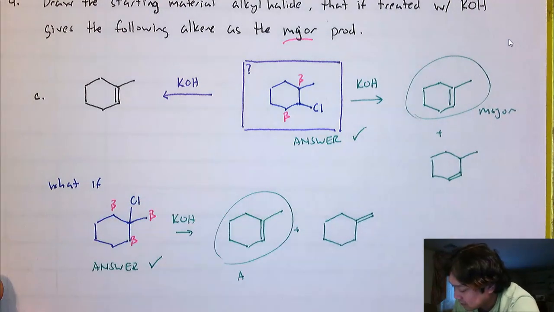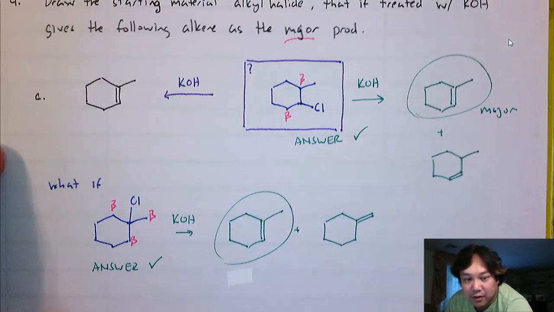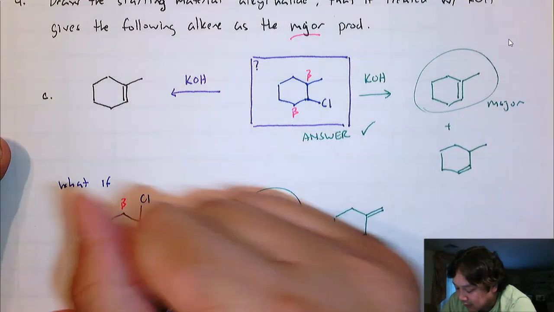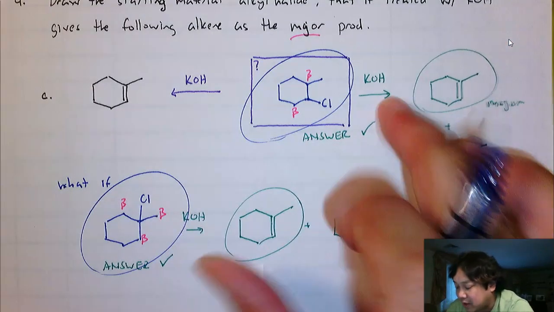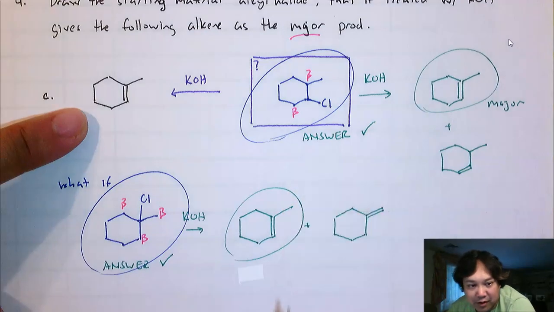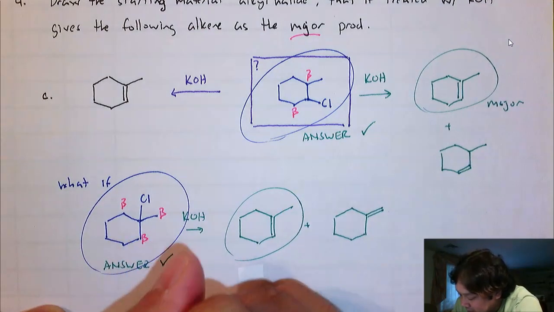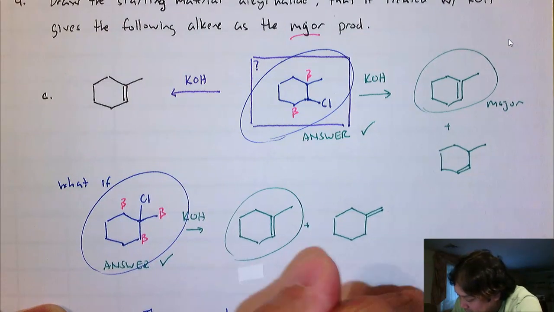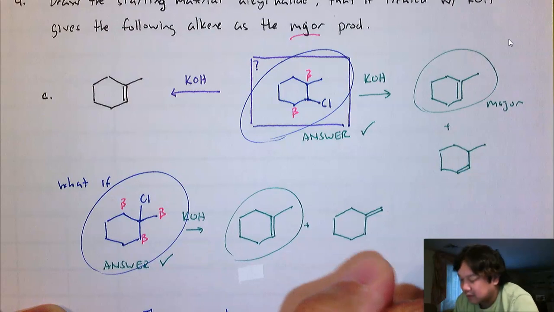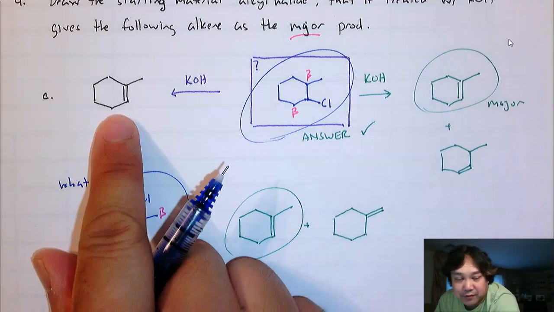Check. Ultimately, what do we know? There are 2 alkyl halides that when you treat it with KOH will give you this product. So there are 2 answers. That's the game you want to play when you have to go backwards and figure out the alkyl halide.